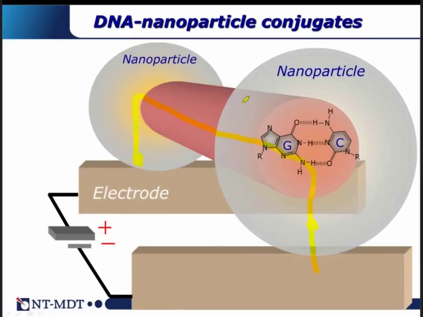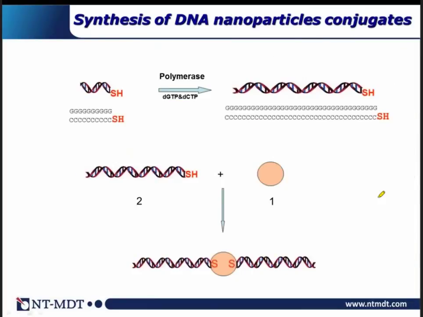So this was an idea of how we can overcome the problem of the insulating layer of DNA. And we decided to synthesize DNA nanoparticle conjugates. The next part of the talk will be devoted to the synthesis of DNA nanoparticle conjugates.